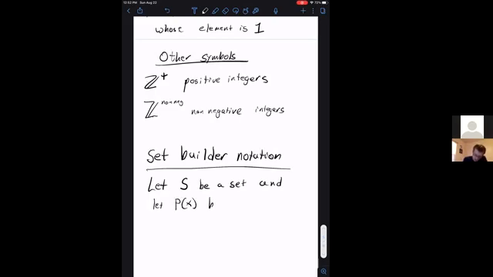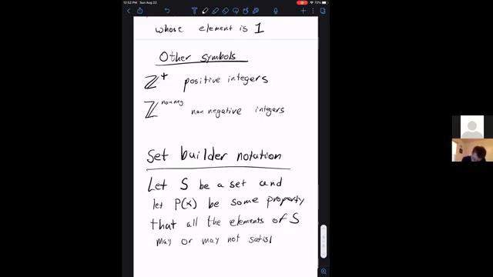Let P of X be some property that all the elements of S may or may not satisfy.